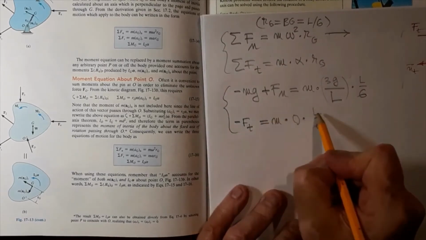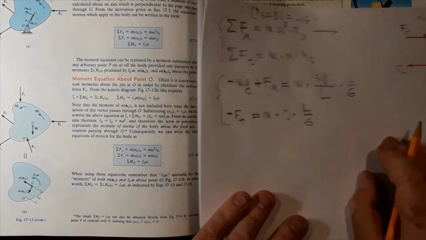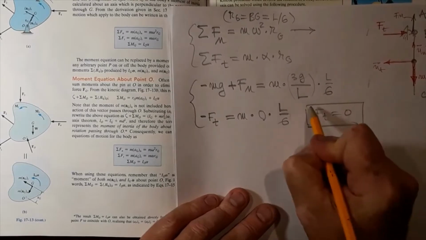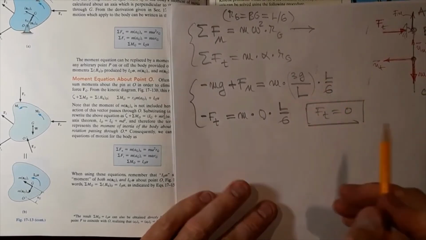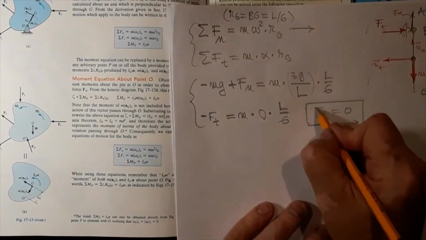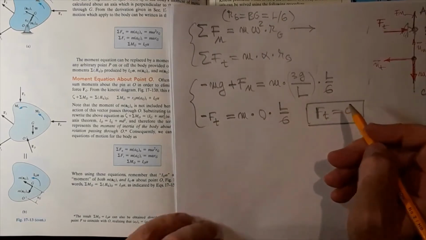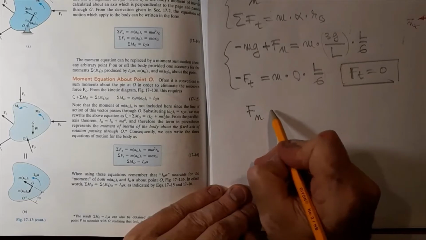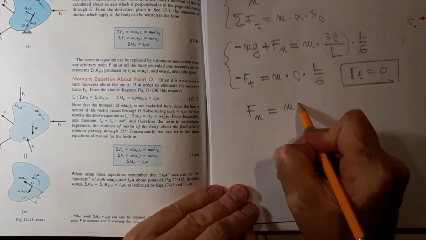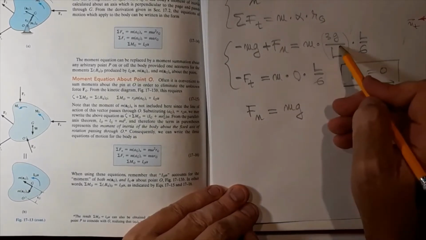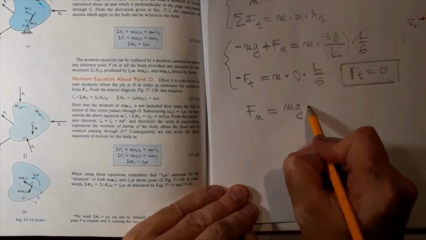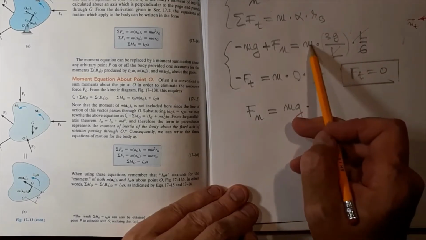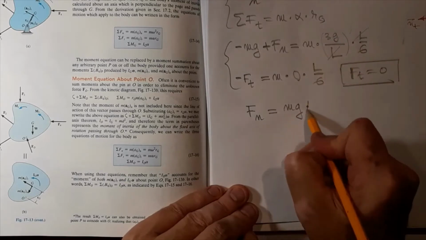So the horizontal force Ft equals 0, and the normal force reaction at the pin is going to be mg, and mg times 3 over 6 is 1 over 2, so mg over 2.